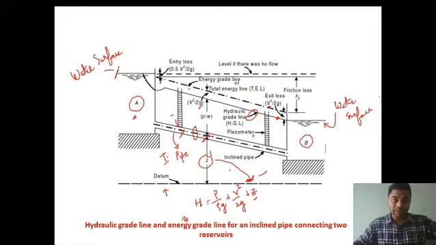This is one piezometer reading, and another piezometer reading is here. So the line joining all these piezometer readings is nothing but the hydraulic grade line.